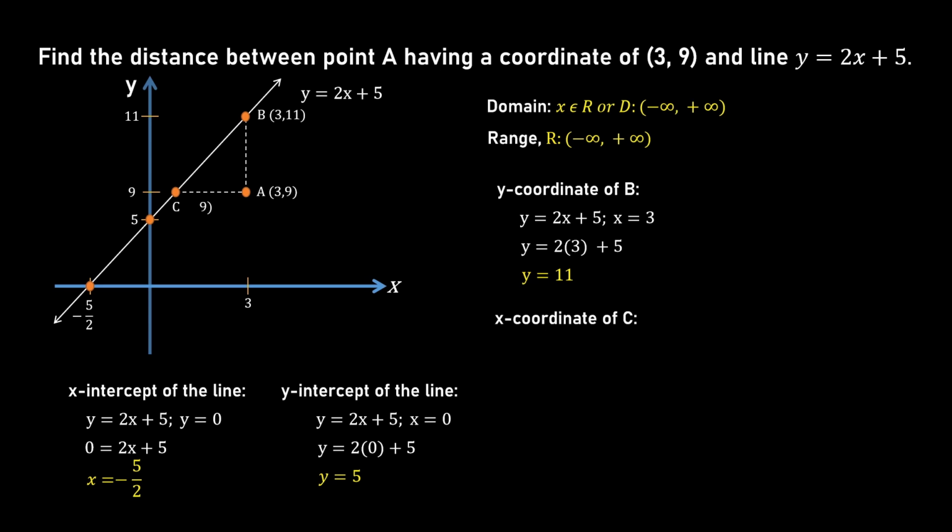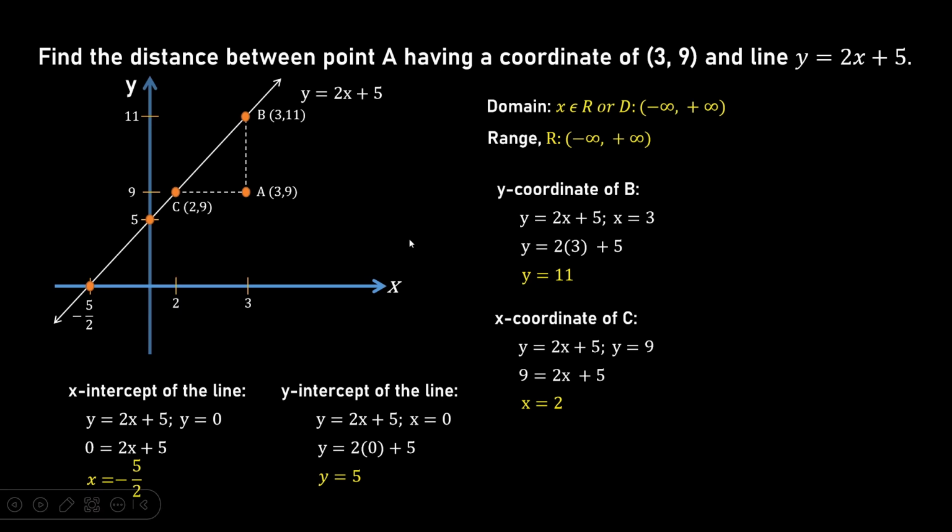Now, let's try to compute for the x coordinate of C. So, given the line of the function as y is equal to 2x plus 5, such that the y coordinate of C is equal to 9. So basically, we will get the x coordinate of C as 2.